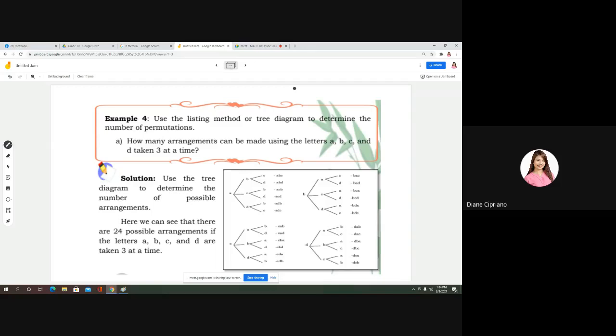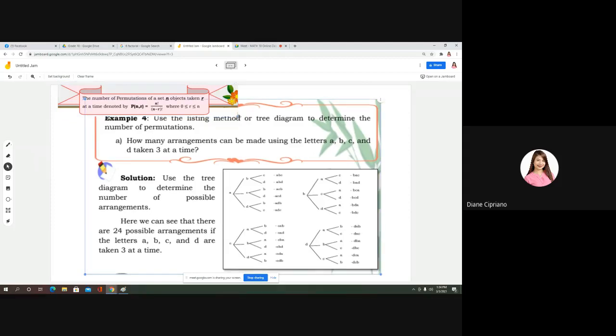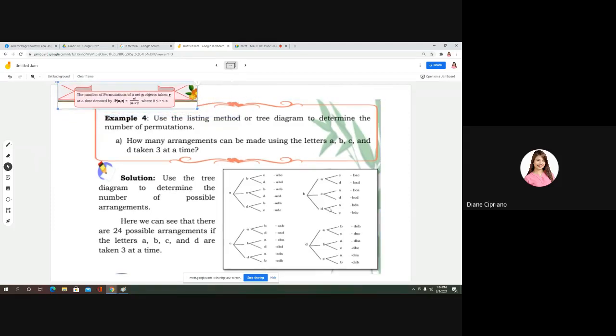So pag ginawa natin yan into permutation method nang hindi natin ililisting, tignan natin kung parehas yung makukuha. So, let me show you the answer using permutation formula.